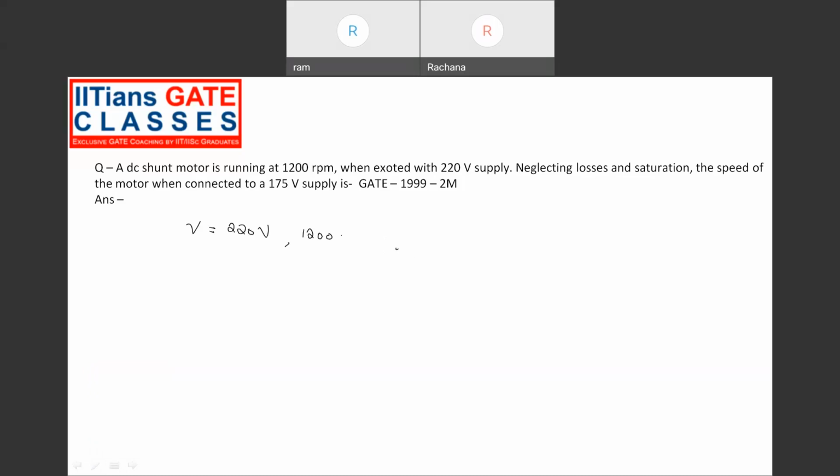The machine is running at 1200 RPM. N is proportional to E by phi. They are specifying neglecting losses and saturation.